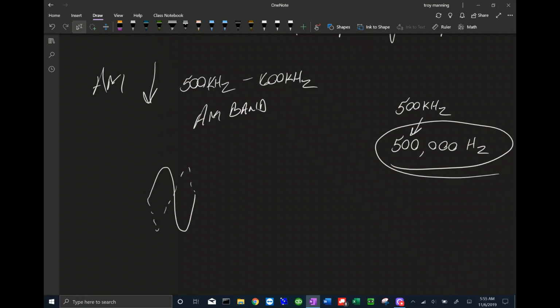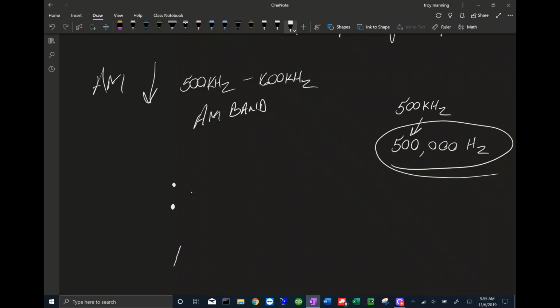We do the same thing in AM in order to protect other stations. So what we do is, say you're looking at it from the sky down, right? We have one tower, we have a second tower.